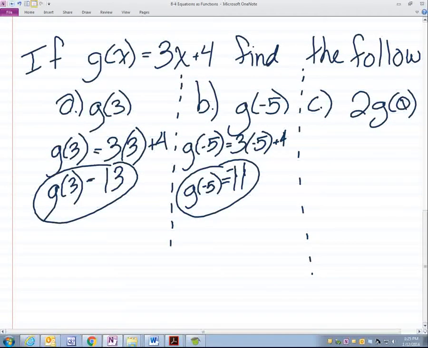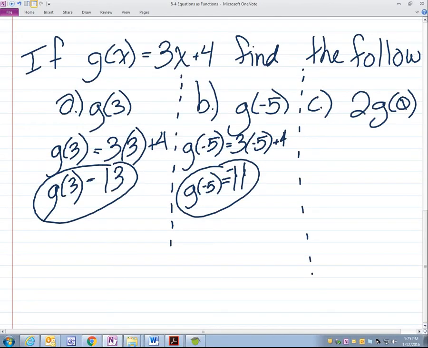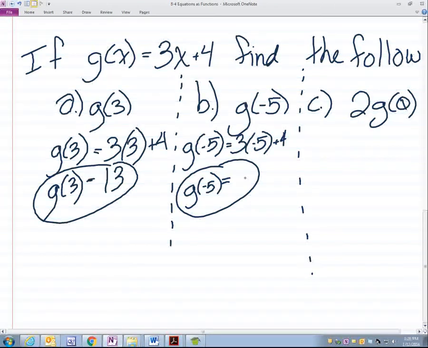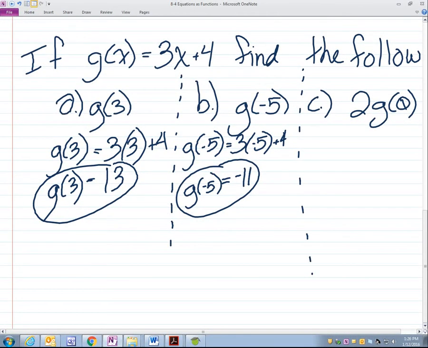It is showing you that it is going to be a functional notation. Whenever you see it, it's always going to be italicized, and it's always going to have a value of x inside of a parenthesis. Why isn't it just of?